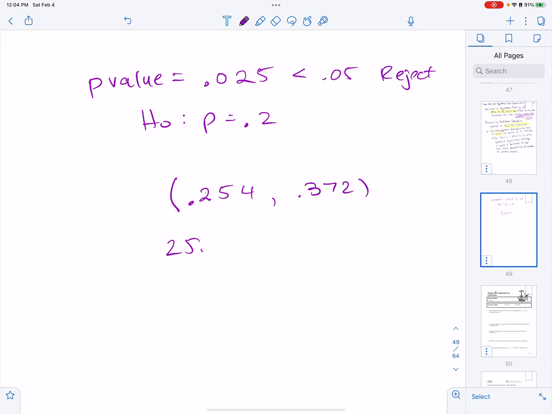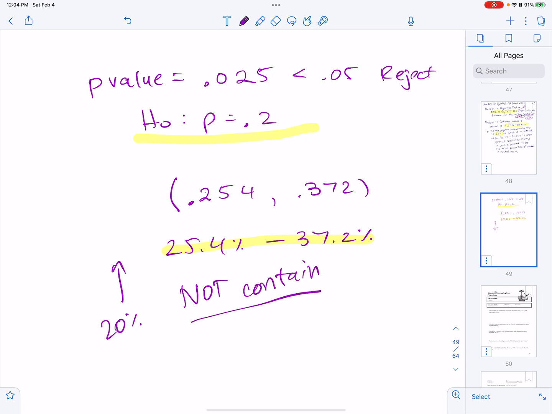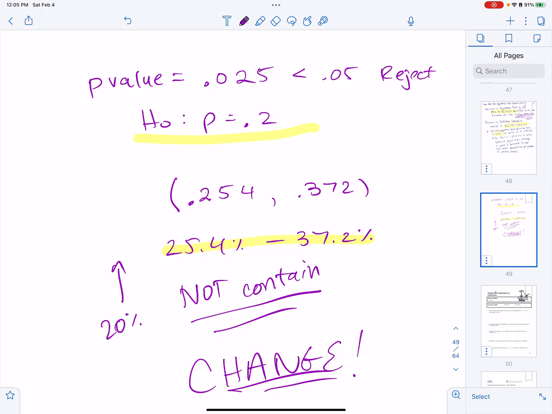So 25.4% to 37.2%. So what I'm saying is if I rejected, then I would expect, see there's 20%, my confidence interval to not contain my proportion. And we would say, oh, it didn't contain that, we need a change because my true proportion is not contained in there.